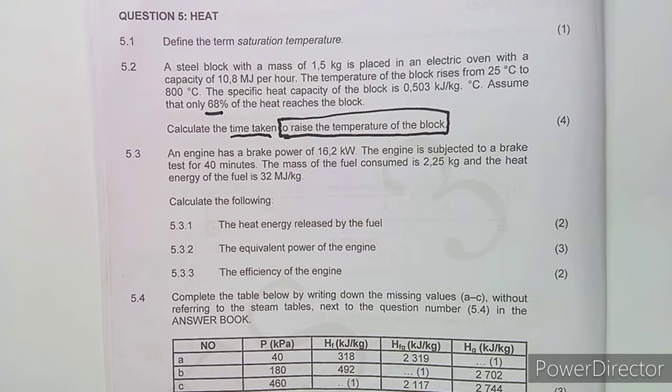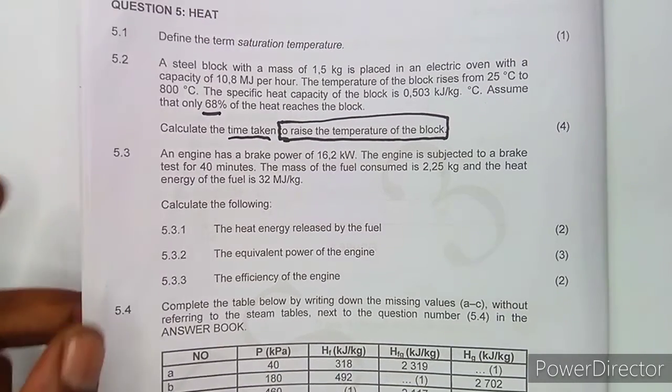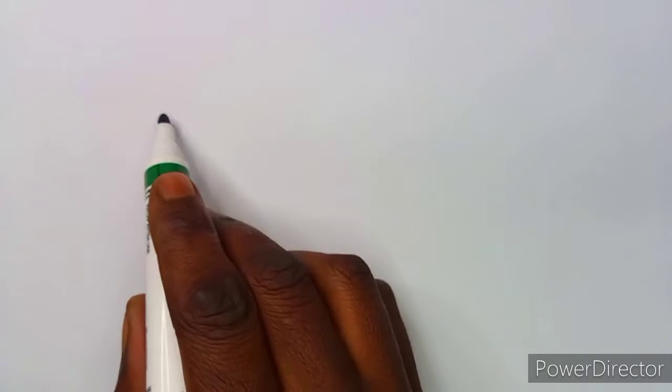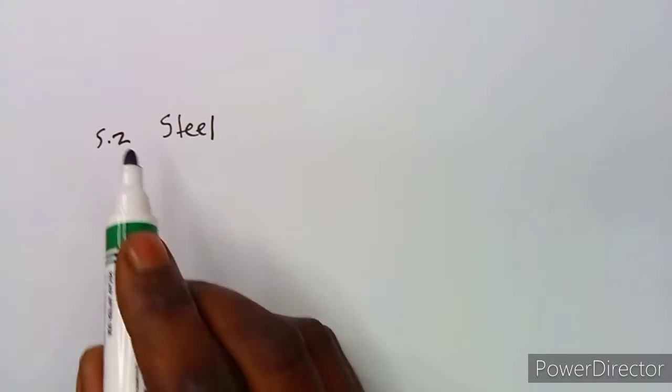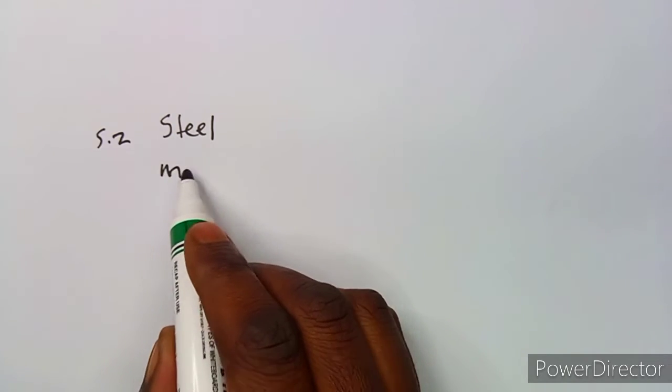This one is a long story, so let's just list our information. We have a steel block, and we are given its mass, so I'm going to use S for steel.